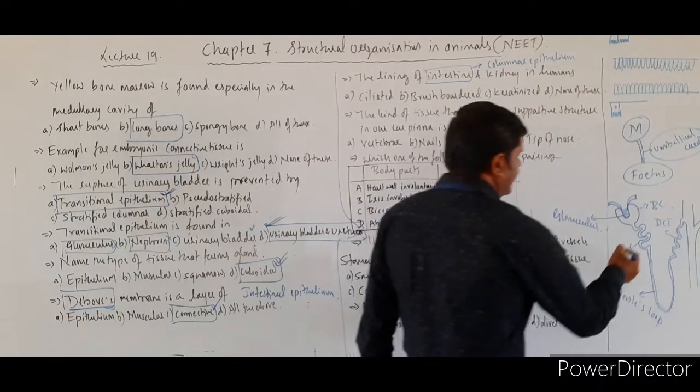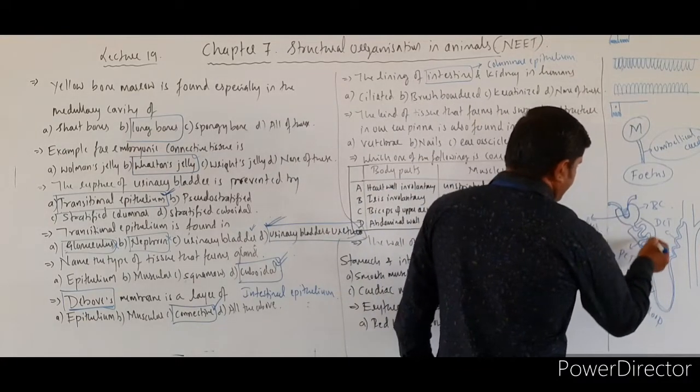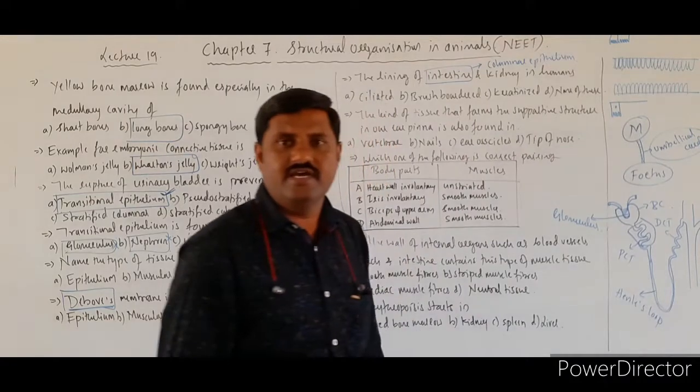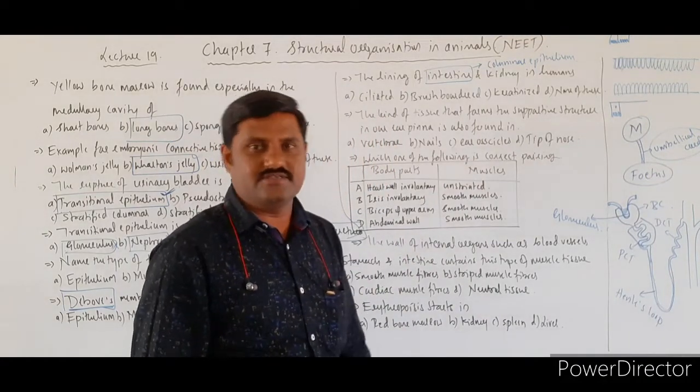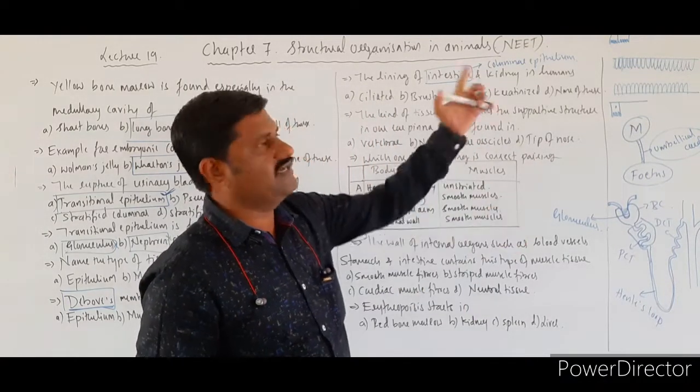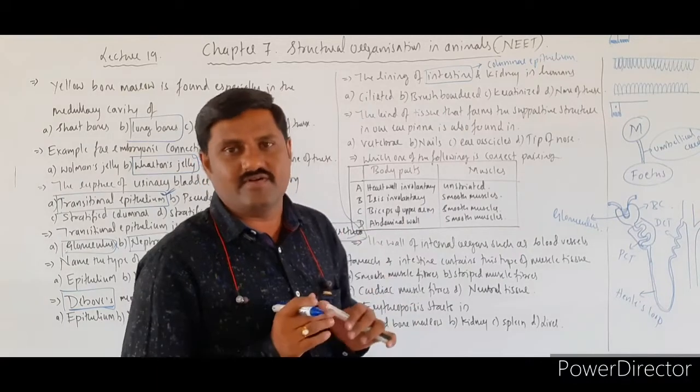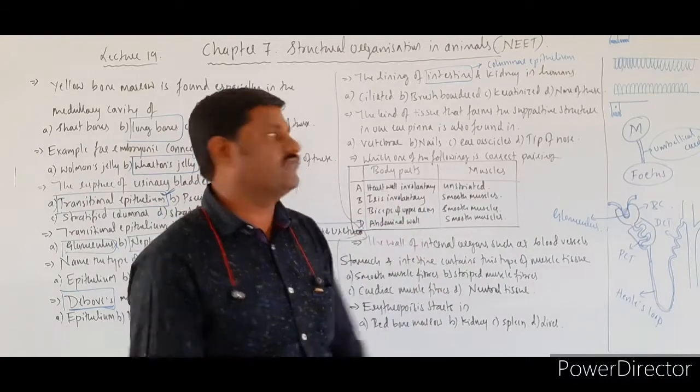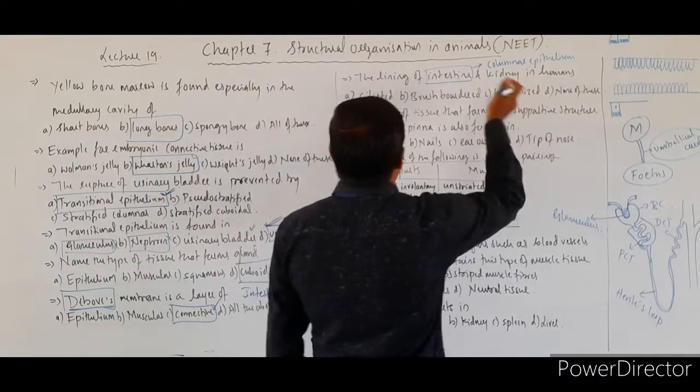In the PCT it is lined with brush bordered epithelium. Here it is cuboidal, there it is columnar. This is the only difference, but the common feature is the brush border.